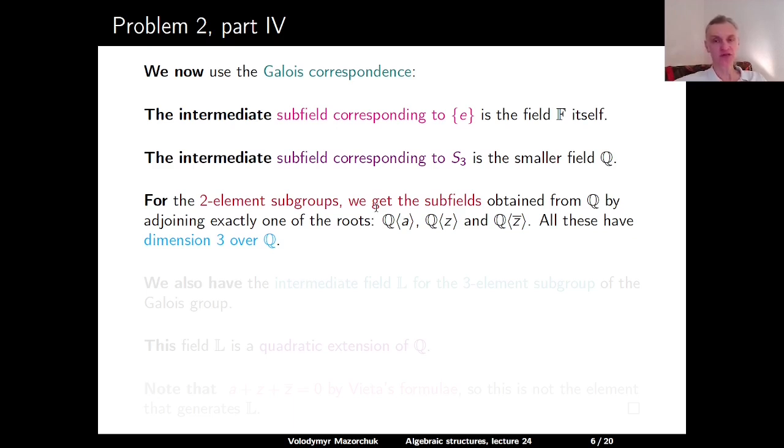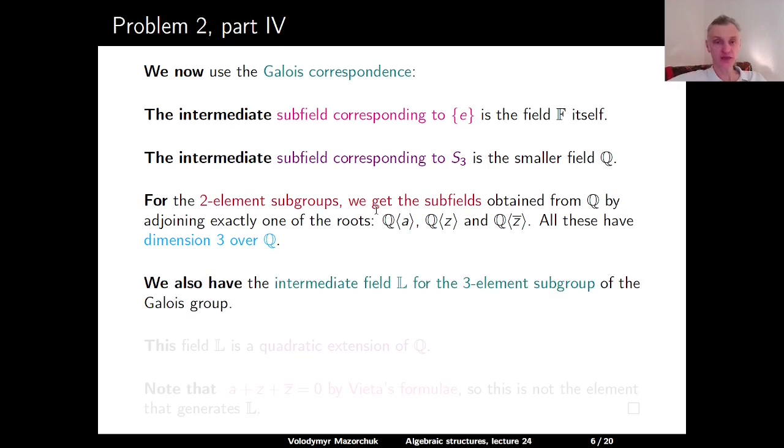So we have 3 subfields, and all these 3 subfields have dimension 3 over Q, and 3 is equal to 6, which is the dimension of F over Q, the cardinality of the Galois group, divided by 2, which is the subgroup. The degree of the extension from the small field to the subfield of fixed points is equal to the cardinality of the whole Galois group divided by the cardinality of the subgroup.